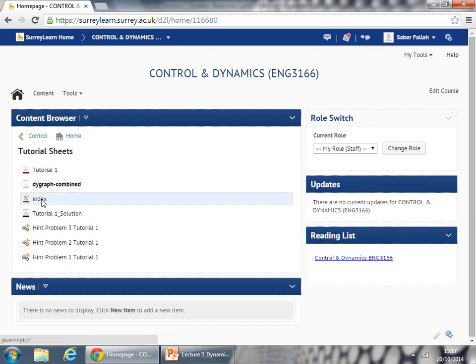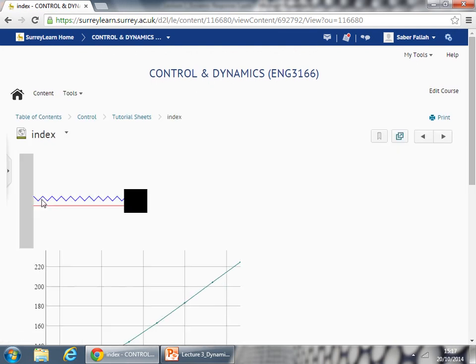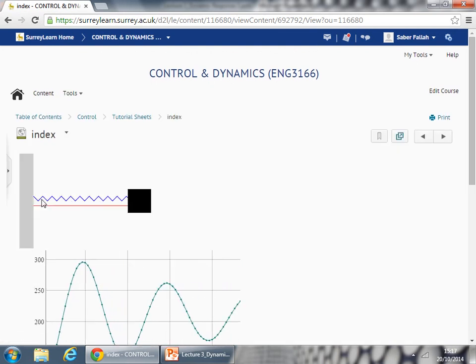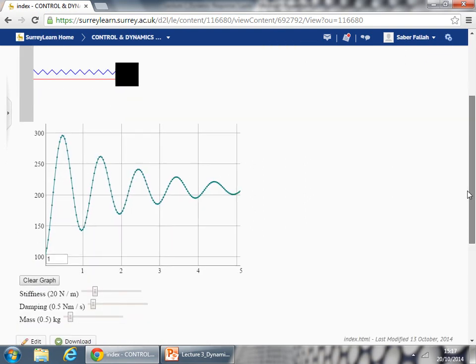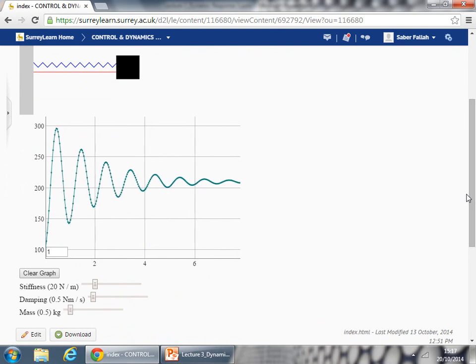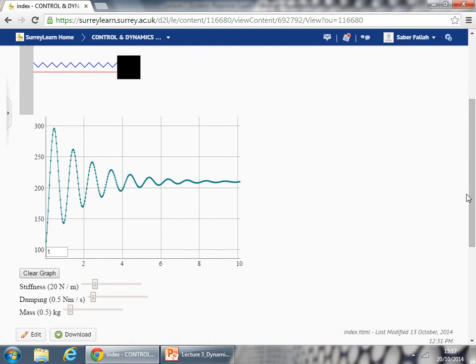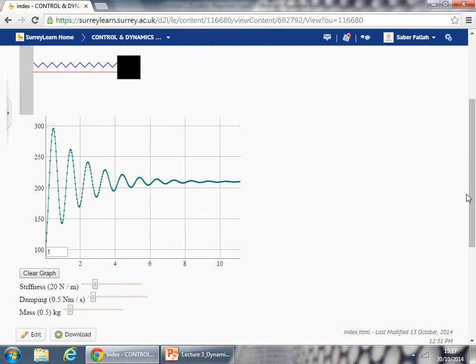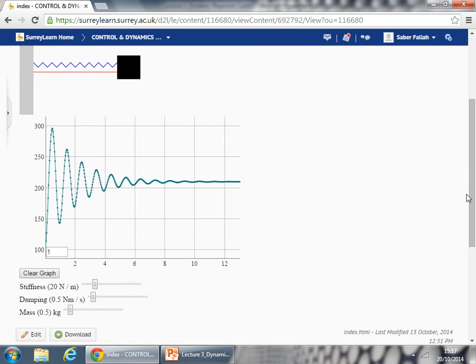If you look at this system, I developed it in Simulink. Look, you have three options. You can change stiffness, damping, and mass. By changing these three parameters, you can change natural frequency, damping ratio, and real part of the poles.